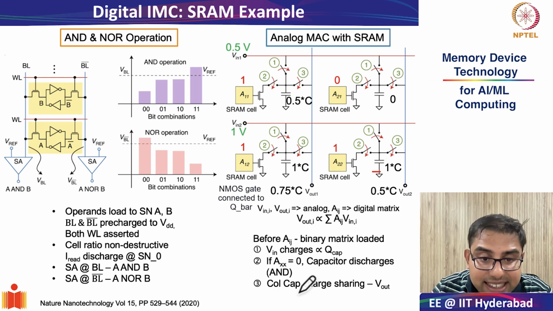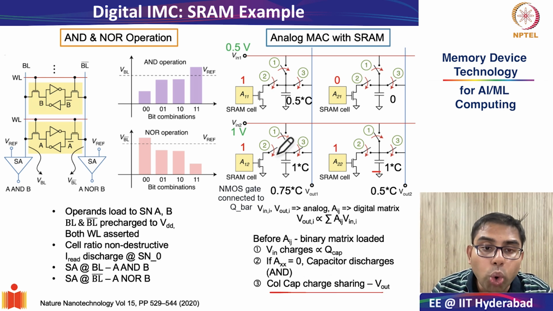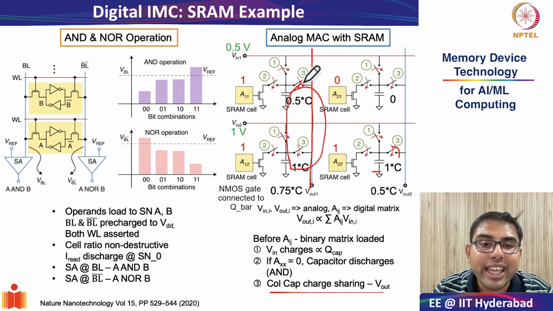In the final stage, you open even the second switch and finally close the third switch. If you close the third switch, there will be charge sharing in all the capacitors.